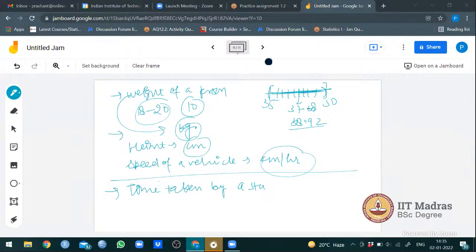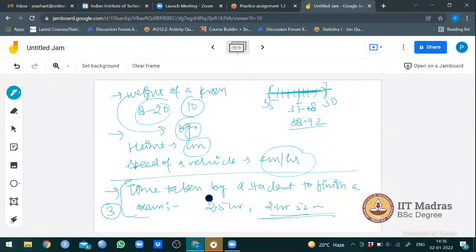Suppose I'm saying time taken by a student to finish the exam. Tell me, what type of variable will this be? Discrete or continuous? Continuous, sir. How? It can take any value in the time range. Suppose your exam is 3 hours, so it can take 2.5 hours, 2 hours and 52 minutes, anything.